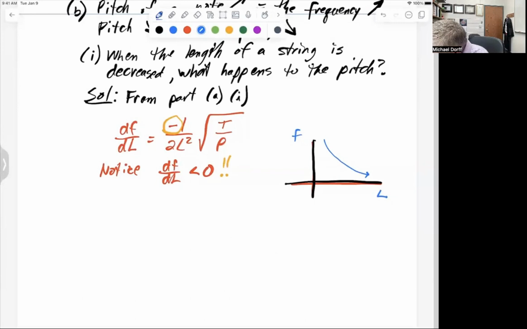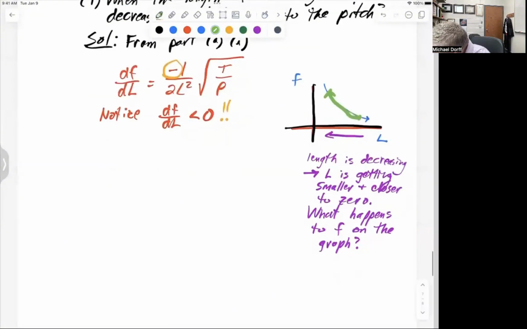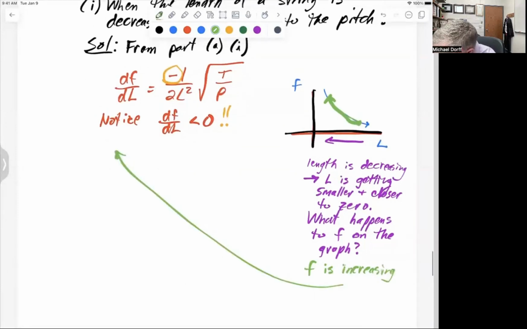And so if the length of the string is decreasing, I'll draw this in purple, that means we're going farther to the left. We're getting closer to 0. That means that L is getting smaller and closer to 0. What happens to F on the graph? Well, draw this in green. I have a point on the graph here. As L gets smaller, F is getting larger. So F is increasing. All right. So what happens here?